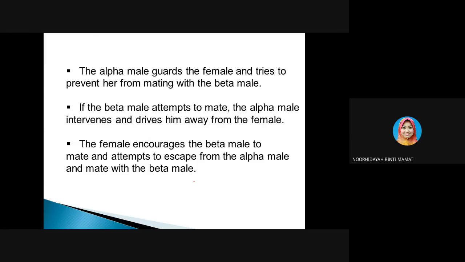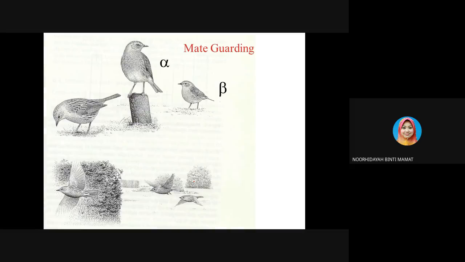In order for the alpha male to ensure reproductive success, that is why he will intervene, guard the female and drive away the other males. So this is mate guarding. Just now we were talking about sperm competition, and this is mate guarding. The alpha male will guard the female from mating with the beta male.